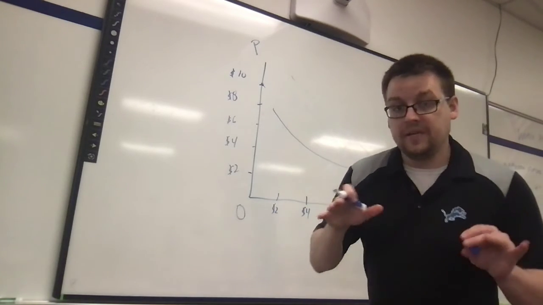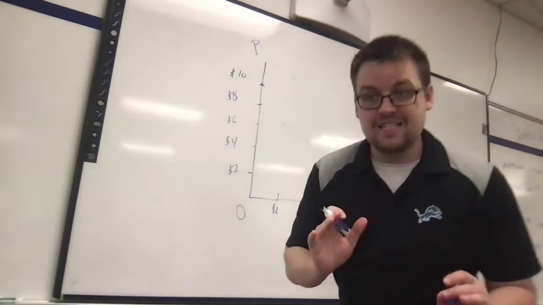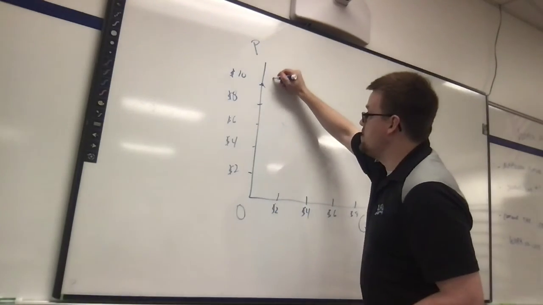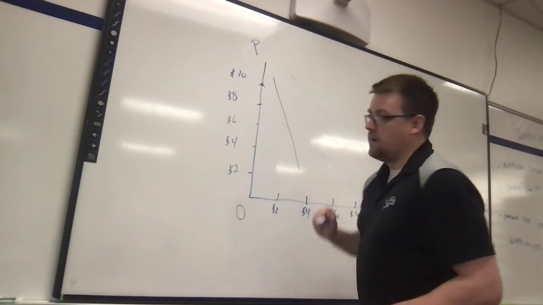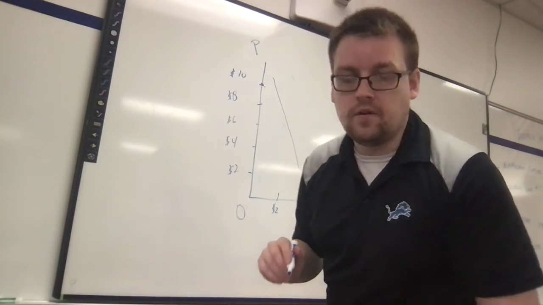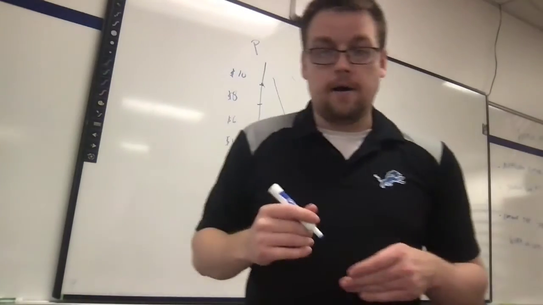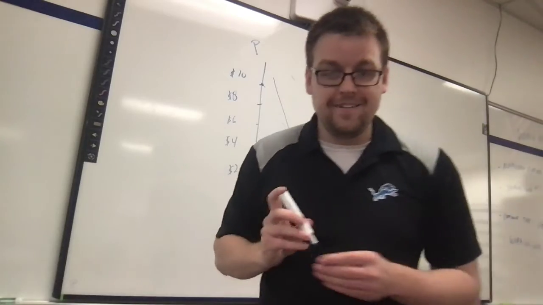Now, with inelastic demand, it's going to look very steep, okay? You'll see that in the notes. So again, you're seeing not much change. Very steep with inelastic, with your milk, your sugar, and your butter, all right?